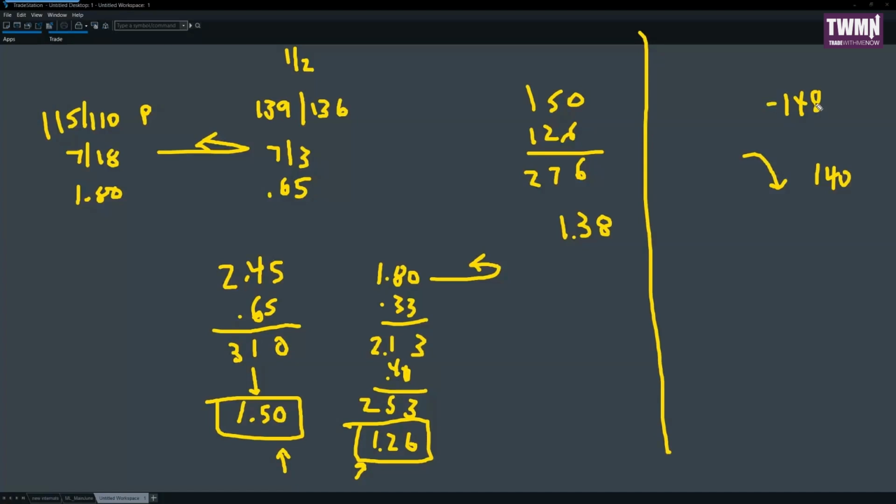I sold the 148 call, I bought the 152 call, and I got a 48-cent credit for it. This is a call credit spread, and it's for July 3rd. And if price closes below 148, I get to keep the credit.